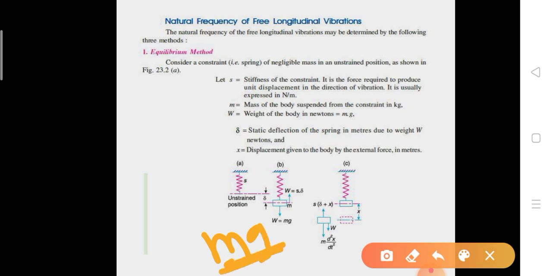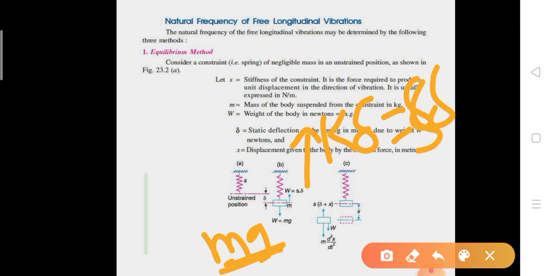And to oppose that force, the spring will try to apply some force to oppose that external force mg. So that spring force will be called as k delta spring force, or s delta. Either you take spring stiffness as k or s, it will not matter.